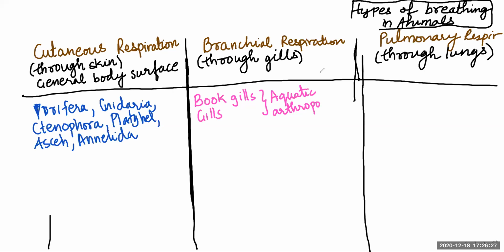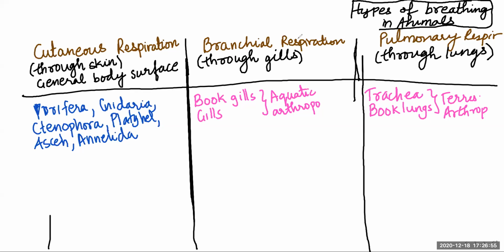What about terrestrial arthropods? Terrestrial arthropods क्या होगा? Trachea. Yes. And the other was book lungs. They were found in terrestrial arthropods.